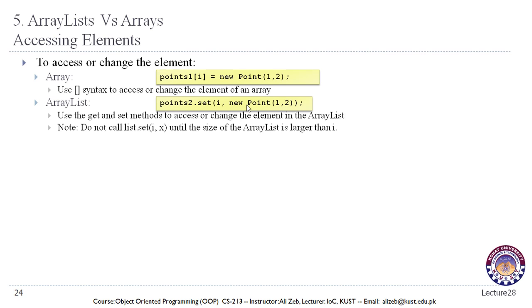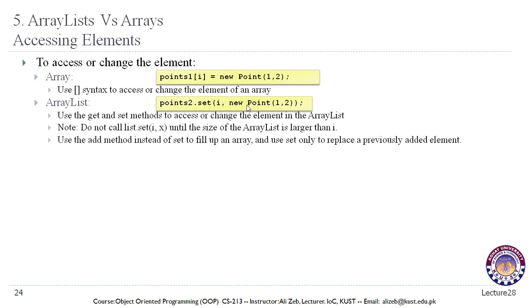We should note that we should not call the list.set until the size of the array list is larger than i, as we said previously that it will generate an exception. Use the add method instead of set to fill up an array list, and use set only to replace a previously added element.